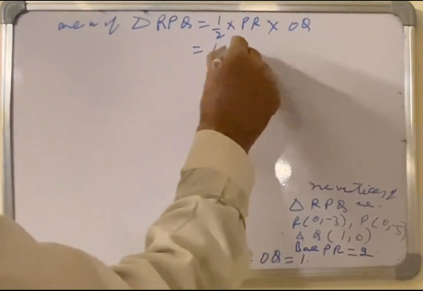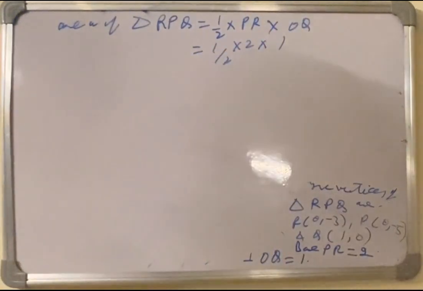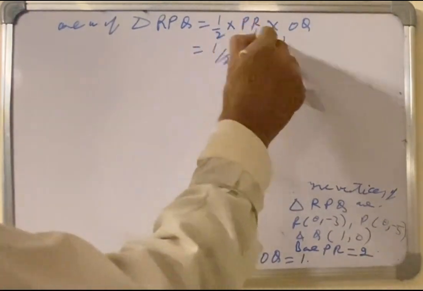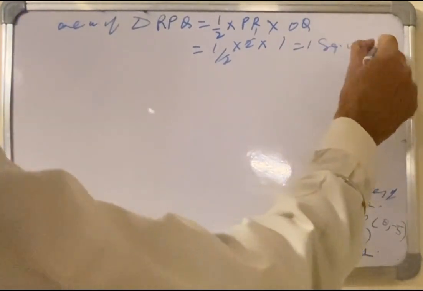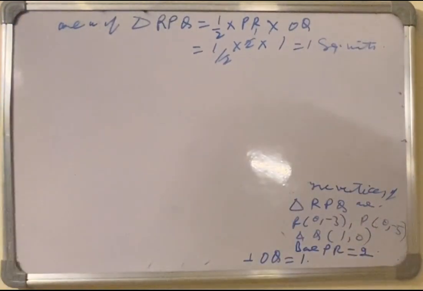Half into base 2 and perpendicular 1. So this is 1 square unit. So this is the area of the triangle formed.